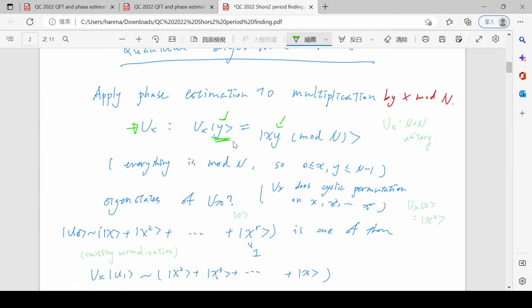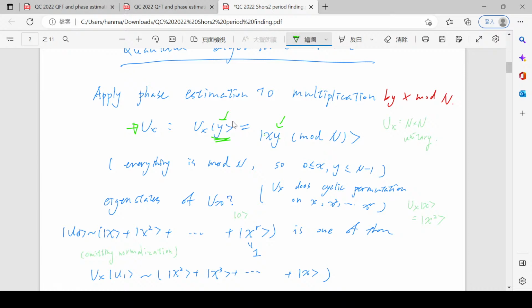Being reversible means it's unitary, although we didn't quite prove that. This is the definition of U as a whole matrix, because we define how it acts on all the computational basis states, and then you can do linear extension to define how it works on every other quantum state.